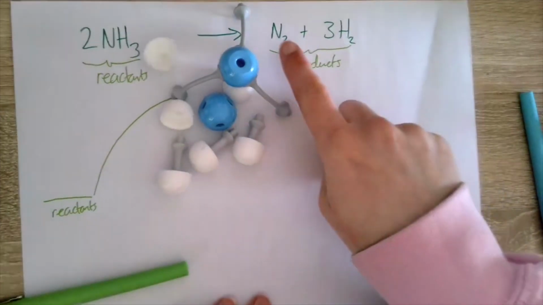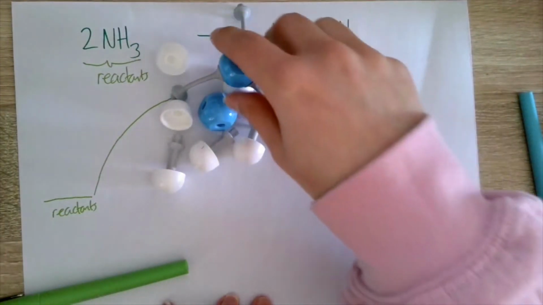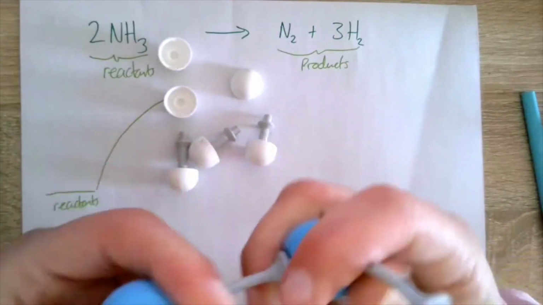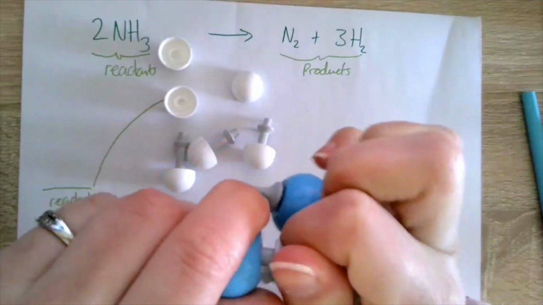But now we're going to be making our nitrogen and our hydrogen. So our nitrogen, you'll remember from a minute ago, has a triple bond.